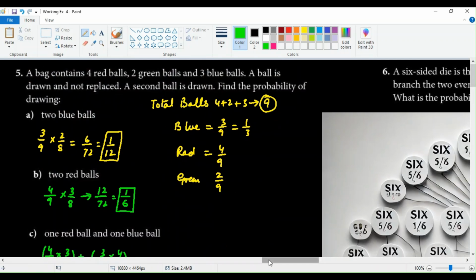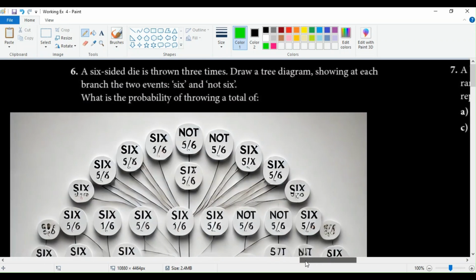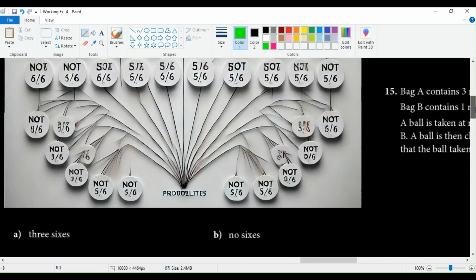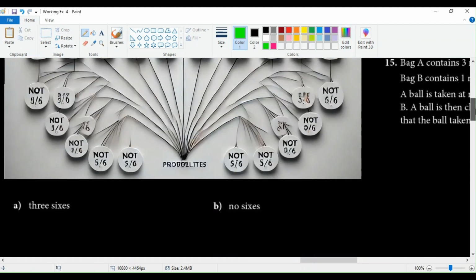Now when it comes to question number 6, it says a six-sided die is thrown 3 times. Draw a tree diagram showing at each branch the two events, 6 and not 6. What is the probability of getting three sixes and no sixes?